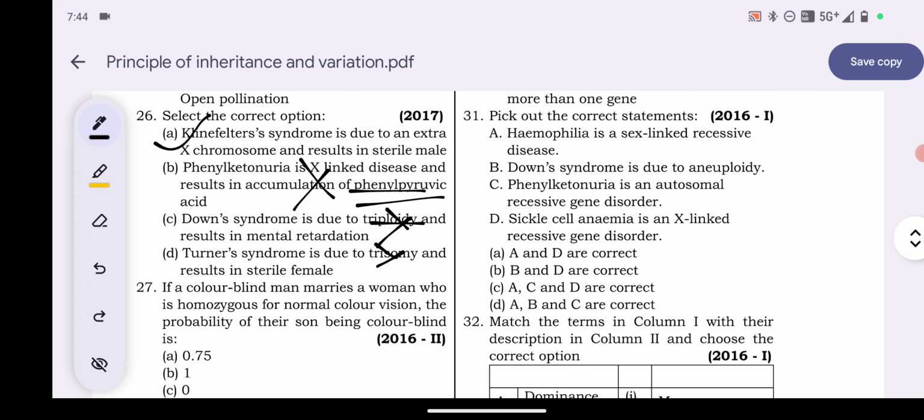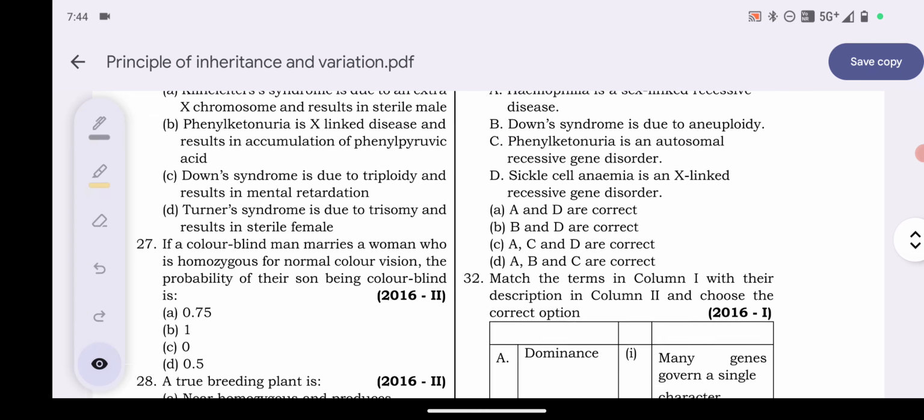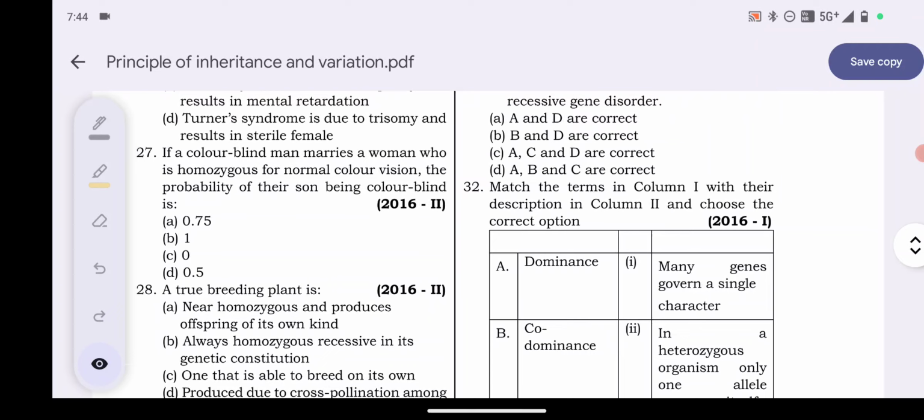Next, question number 27. If a colorblind male marries a woman who is homozygous for normal color vision, the probability of their son being colorblind is 0.75, 1, 0, or 0.5. So here it will be option C, 0.